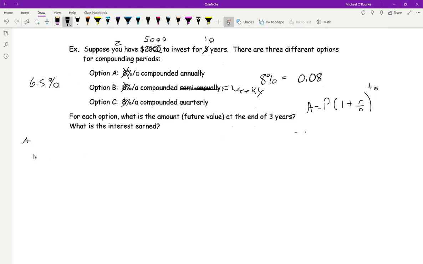I'll do it in black. So let's plug in this one. A equals 5,000, bracket 1 plus 0.065 divided by, we're doing it annually. So what's annually? How many times a year is annually? 1.